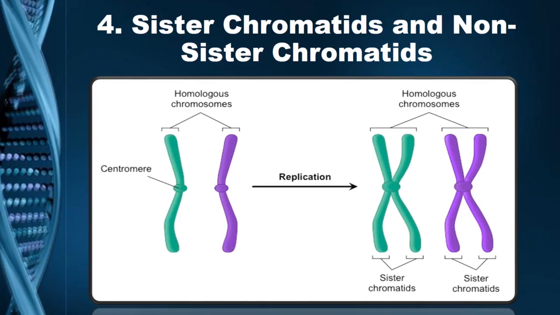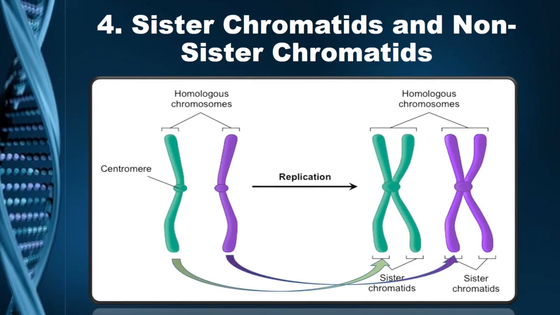So let's understand. There are these two non-replicated chromosomes, say green and purple, present in a cell. Before cell division, they have to make an exact copy of themselves by the process of replication. After replication, each chromosome has two arms.